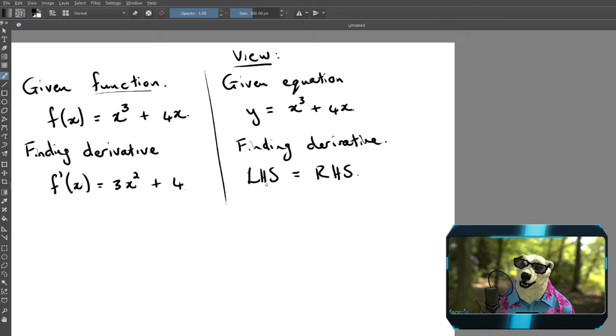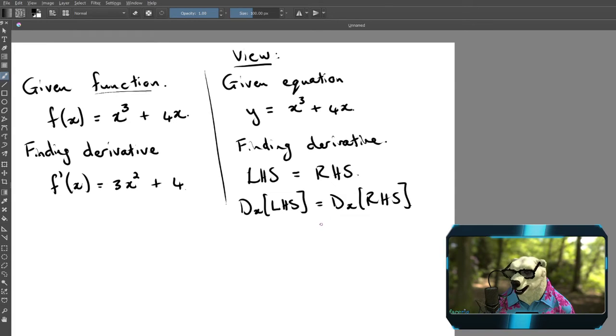Equal means exactly the same. If they're the same, that means their derivatives have to be the same as well. So I'll write it like this. The derivative of the left-hand side has to equal the derivative of the right-hand side. Now this is complete overkill in the most basic situations, but it allows us to do fancier things, which we'll see in a second.